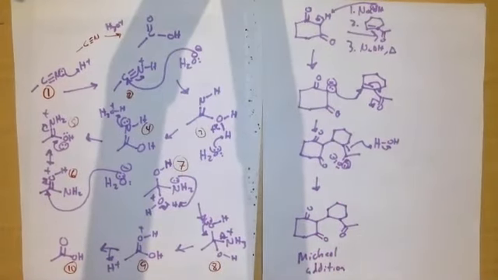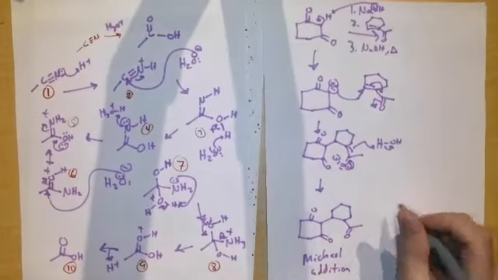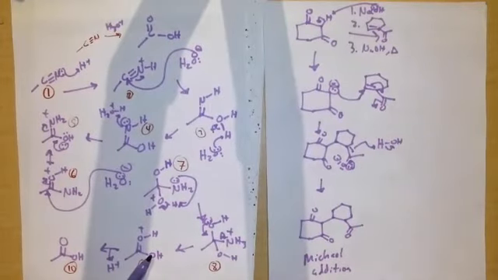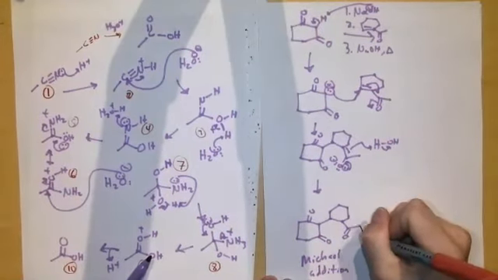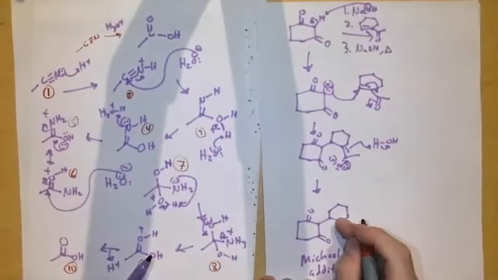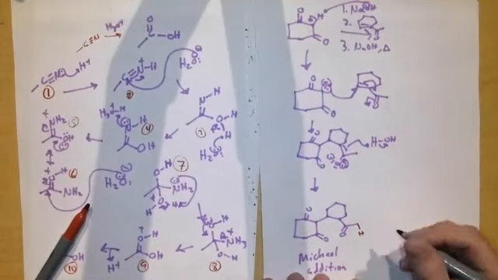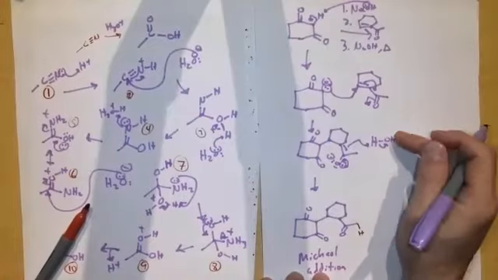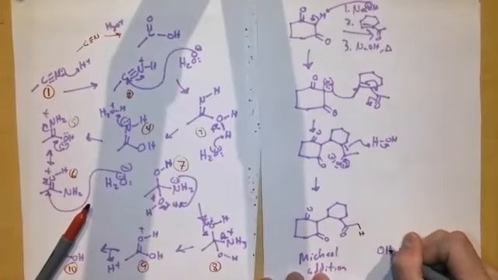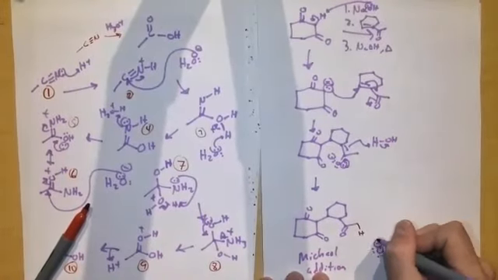From here, we can do our aldol condensation. So picking up an H. We're going to pick it up here so we can form a 1, 2, 3, 4, 5, 6 membered ring like this Robinson annulation always does. So last step we made OH here.